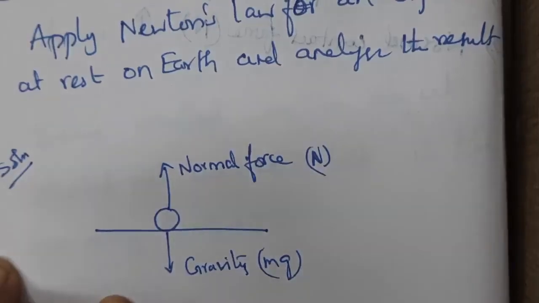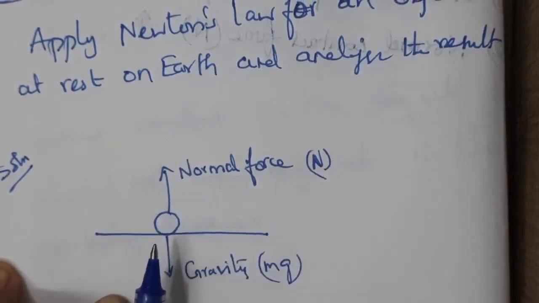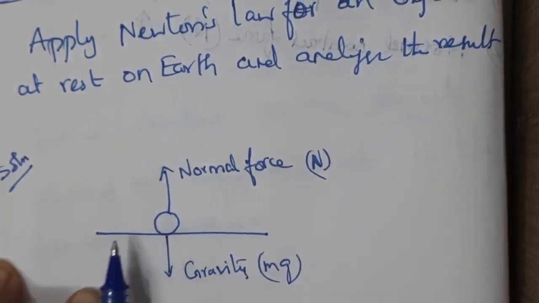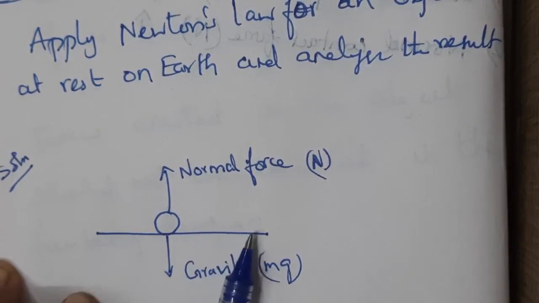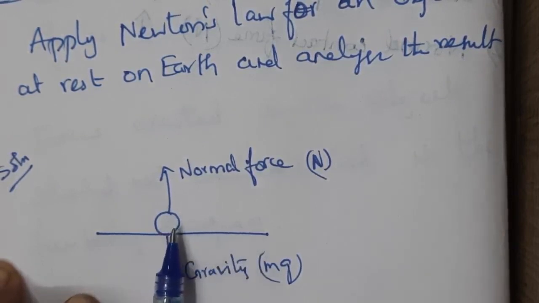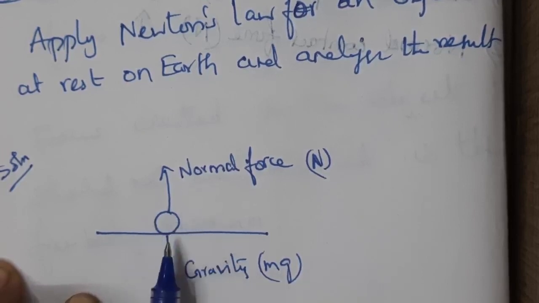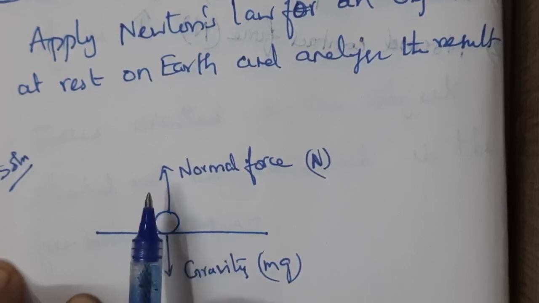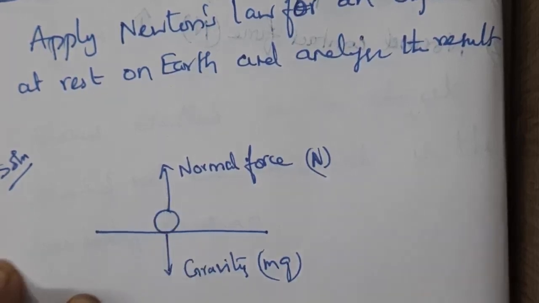Let's draw a figure. This is an object, maybe a ball or anything. This is the earth's surface, and the object is at rest on the earth. So obviously we know there is a gravitational force mg acting downward and a normal force acting upward.